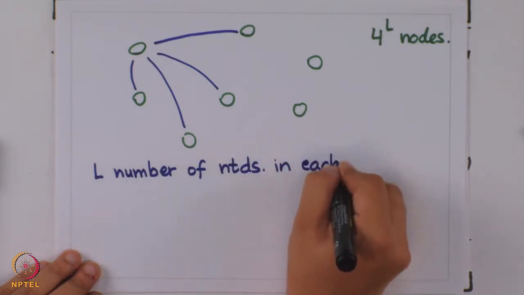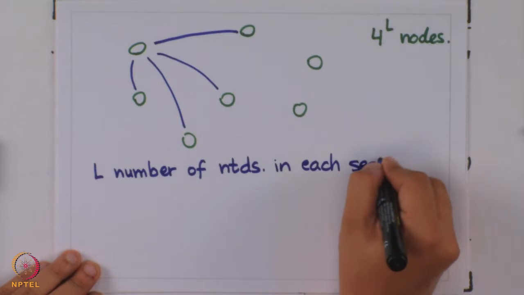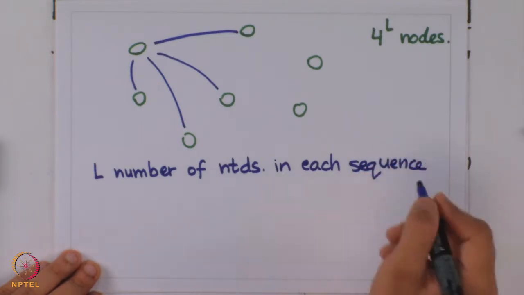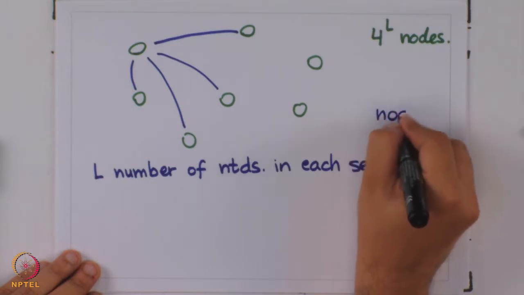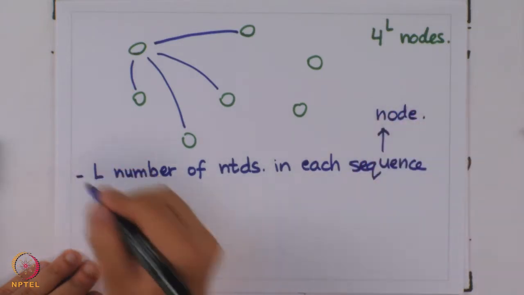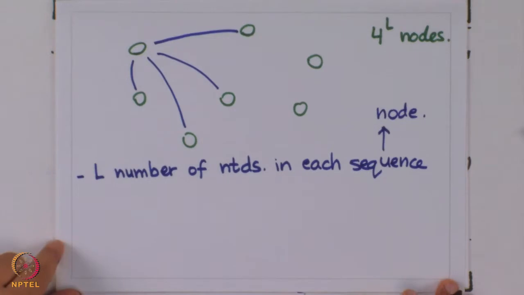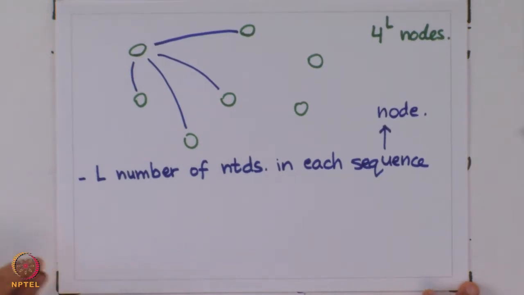In each sequence, right? And each sequence here is represented by a node. Now, if that is the case and I am only interested in talking about single point mutants, nodes are connected if they only differ from one another at one particular position and are identical at the other L minus 1 positions.